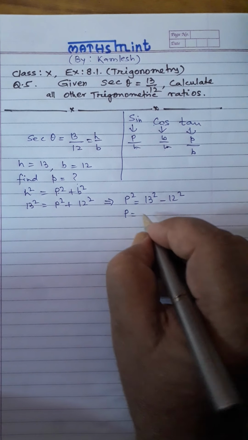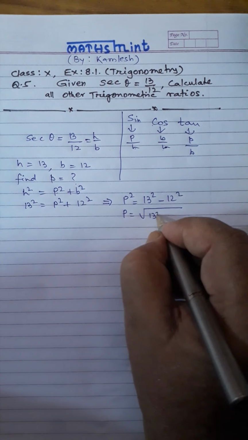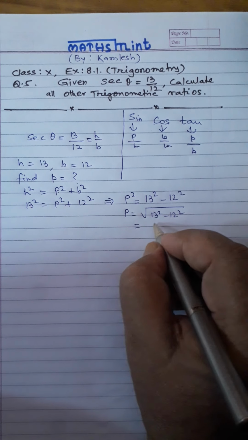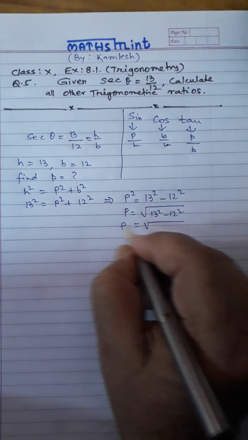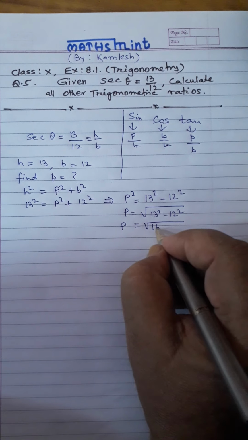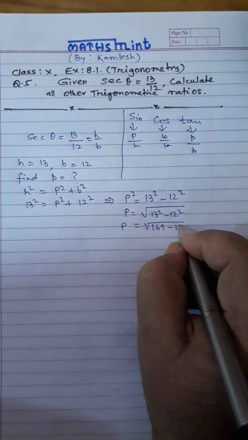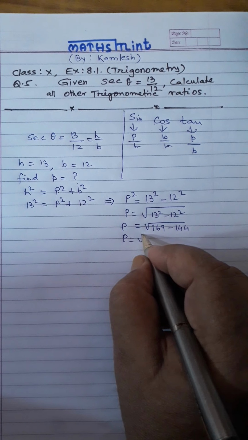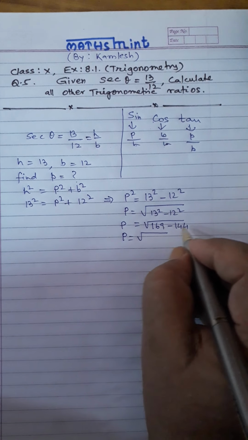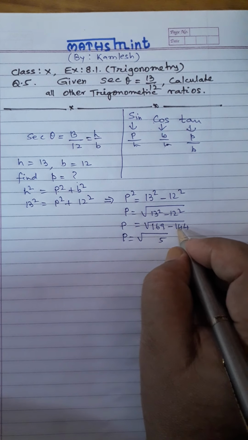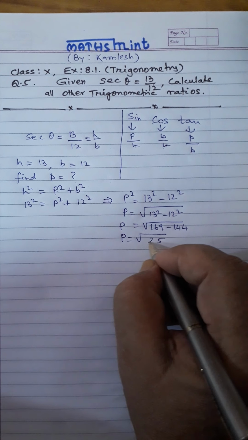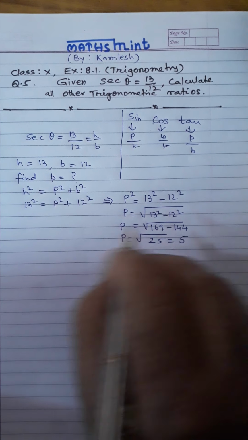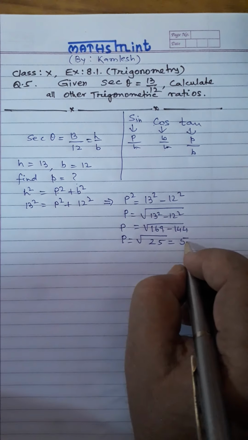P will be root over 13 square minus 12 square, right? 13 square is 169, 12 square is equal to 144. So 169 minus 144 is 25, its root will be 5. So P will be 5, right?